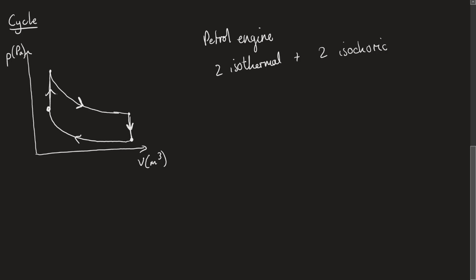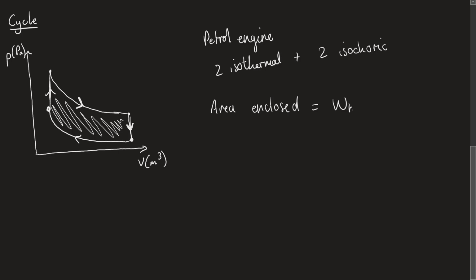And now notice how, because of this kind of cycle behavior, I've trapped a little bit of area in between. And in this case, the area enclosed is the work done by or on the system, depending on the direction of rotation.